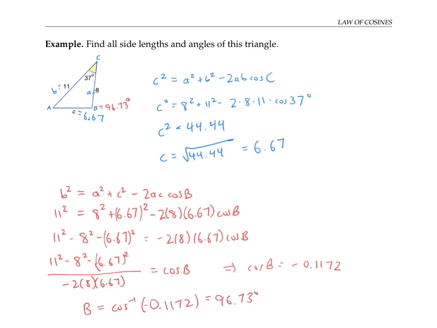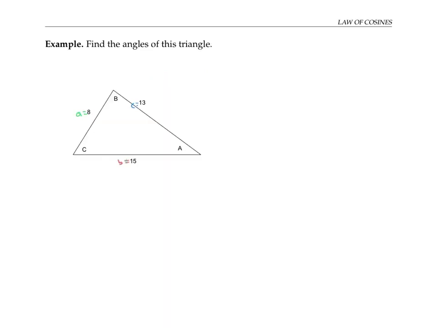The last thing I have to do is solve for angle A. I could use the law of cosines again and work it out just like I did here for angle B, but a simpler method is to just use the fact that the sum of the three angles is 180 degrees. So A must be 180 degrees minus 37 degrees minus 96.73 degrees. This works out to 46.27 degrees.